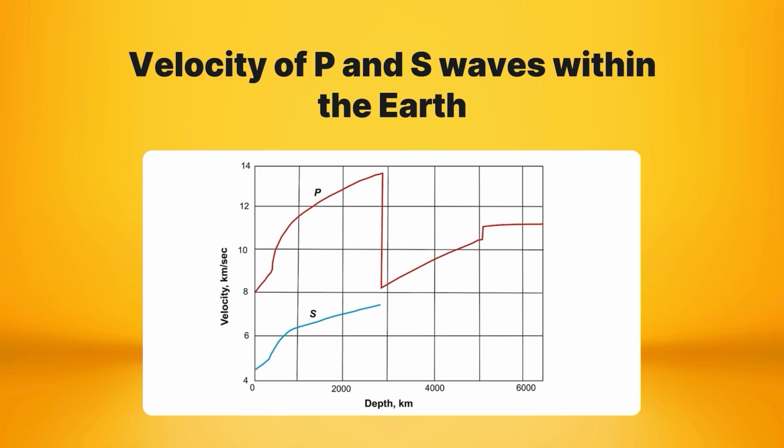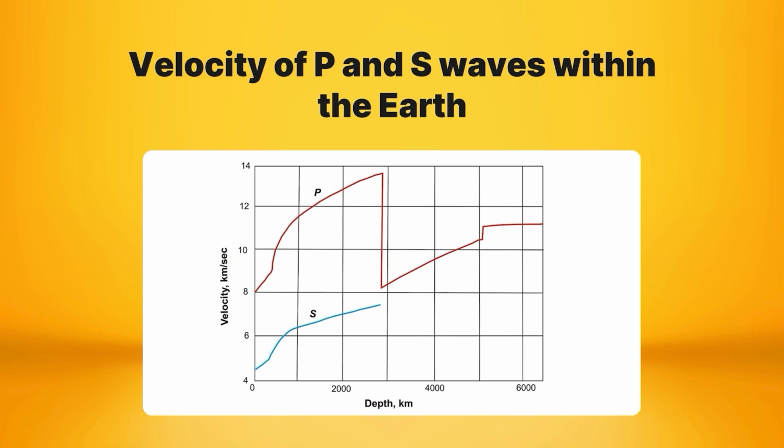The more compact the rock, the higher the velocity. So this primary wave velocity is also changing from the crust to this point here.